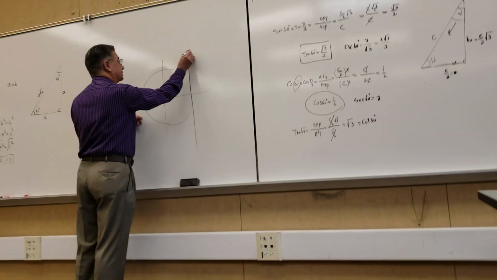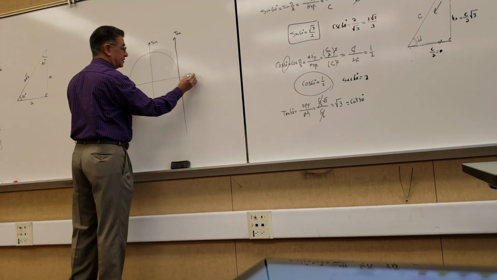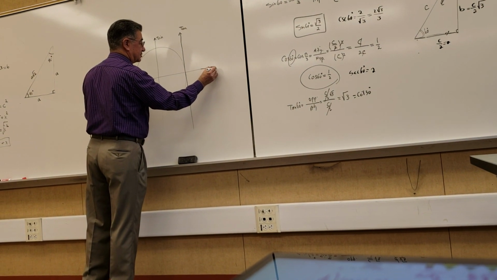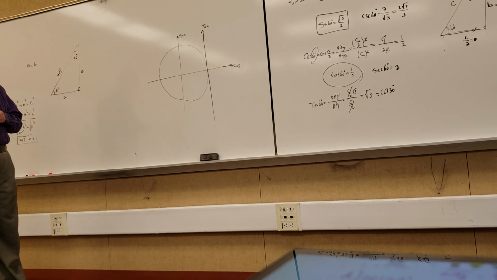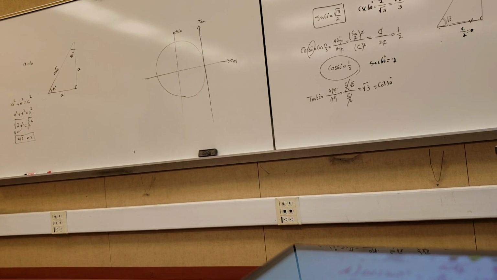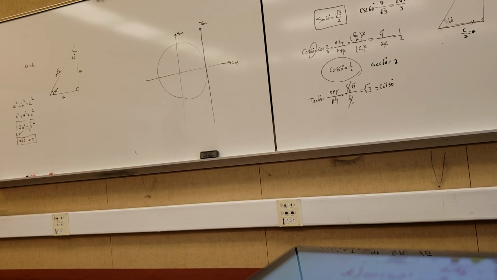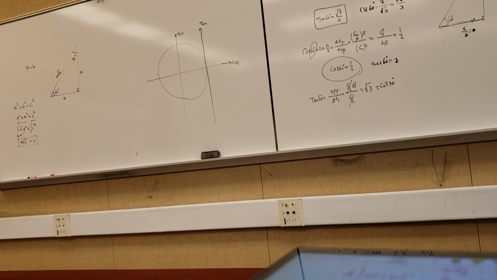This is tangent, this is what? Sine, and this is cosine. One of the things that I do, today is Monday, I wish you guys can do this if you have time, every day: spend half an hour playing with the unit circle.